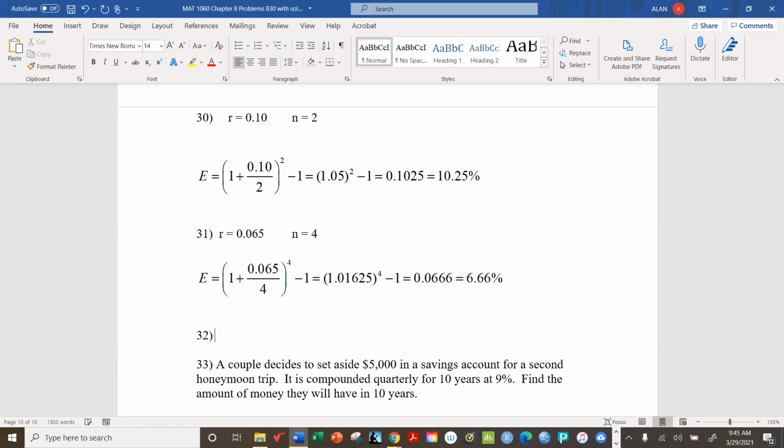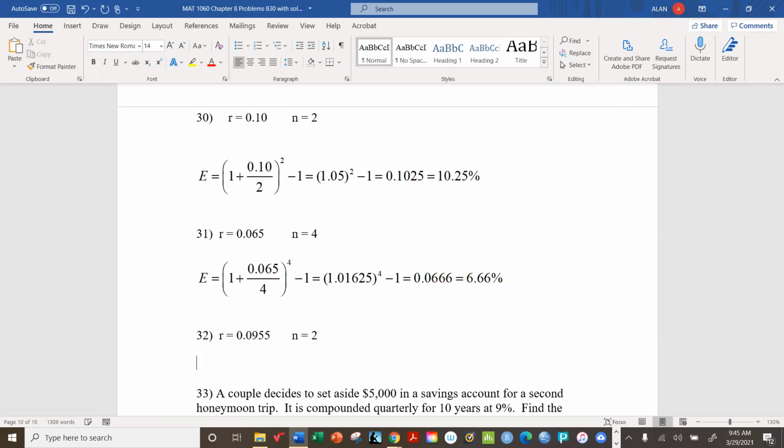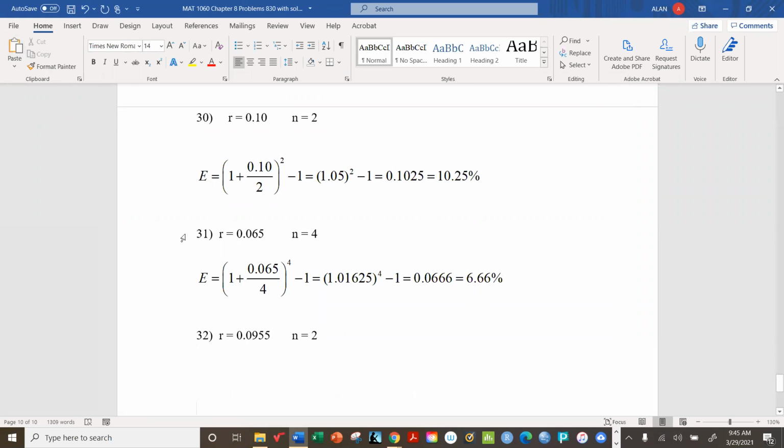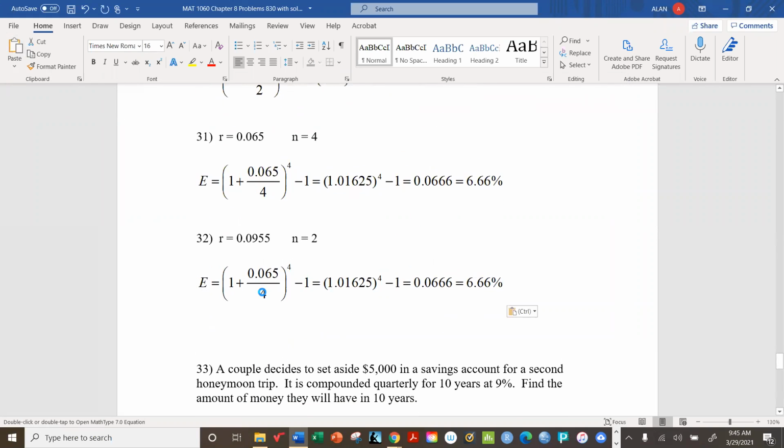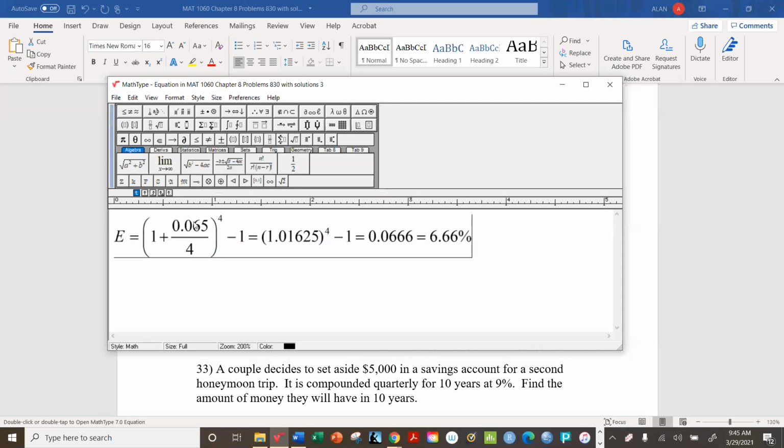And then finally 32, there's one more. 32 is a rate of 9.55% with a compounding frequency of twice a year. And so that gives me, okay, 0.0955 over 2 raised to the 2nd power.